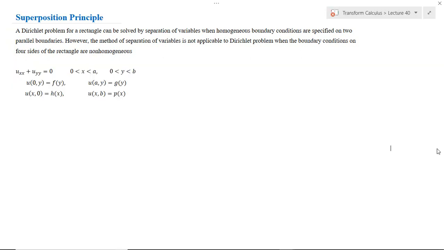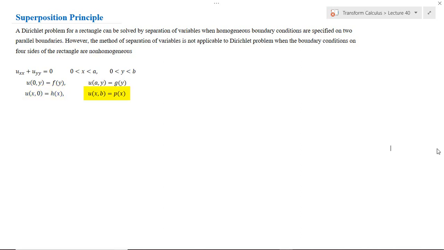For example, if you look at this boundary value problem, the first boundary condition says that u of 0 and y is equal to f(y), so it's not homogeneous. The second one, u of a and y is equal to g(y), non-homogeneous. The third one is u of x and 0 equal to h(x), non-homogeneous, and the last one is non-homogeneous as well.